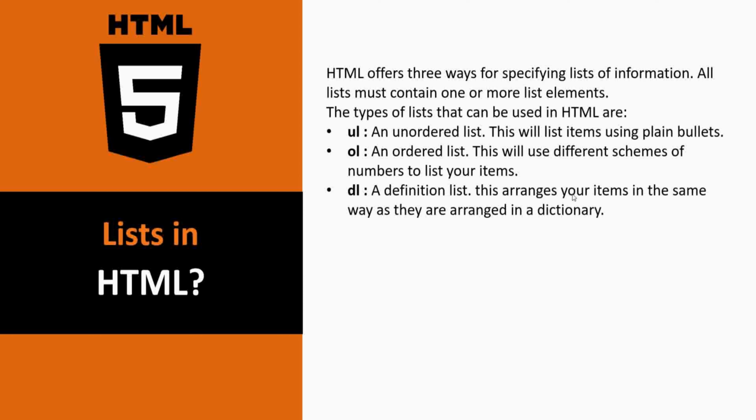UL stands for unordered list, OL stands for ordered list, and DL stands for definition list. Now we will look at the example for it.